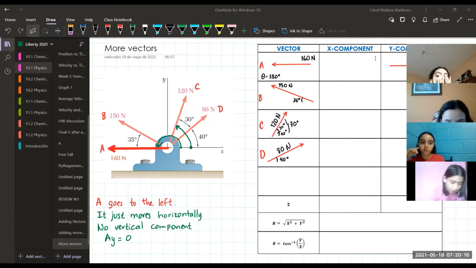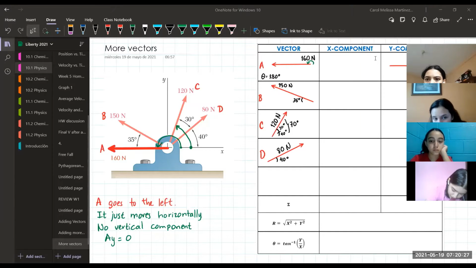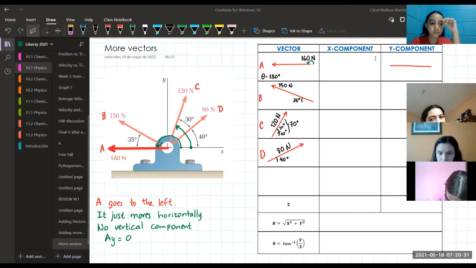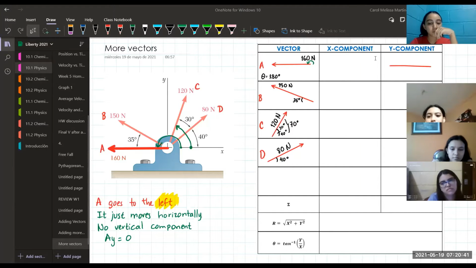So this is how you measure the angle. You can use it if you want, but you won't need it. The reason is that everything that goes to the left has a specific sign. What sign is to the left? Negative. Because it's going to the left, the sign is negative.